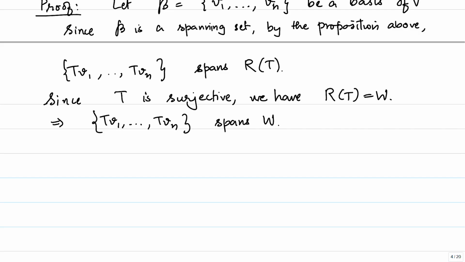Okay, so we have established one aspect of TV1, TV2 up to Tvn being a basis of W. There is something else to be checked for it to be a basis, namely linear independence.